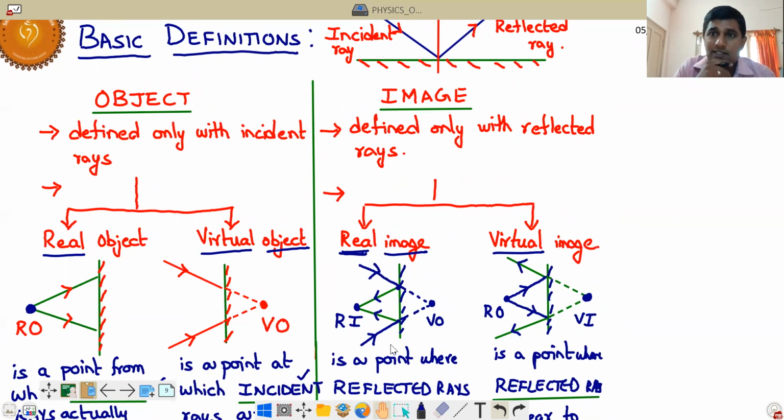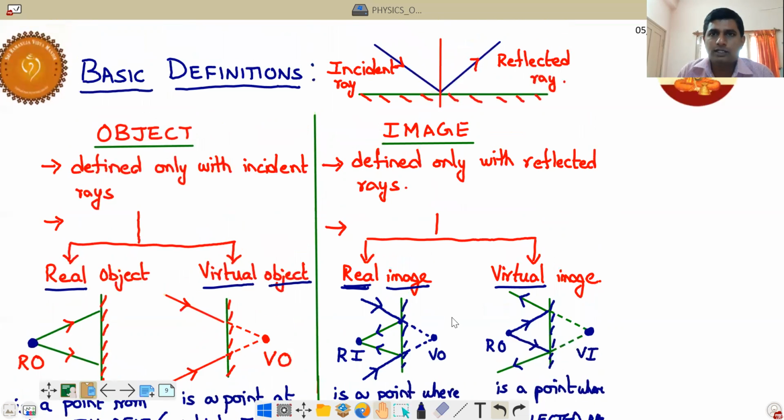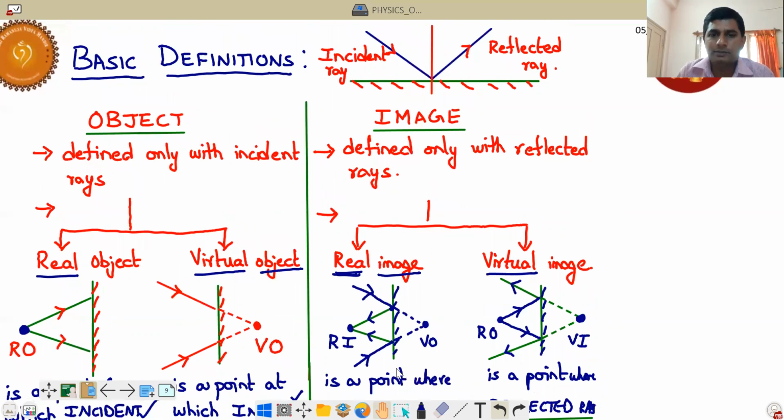You should know specifically the difference between all these terms. Okay, students, before learning these terms, first of all, you should know two things. One is called the incident ray, and one is called the reflected ray. So what is meant by incident ray? For example, suppose we take this as a plane mirror. Now on this mirror, suppose light is incident like this. Then this is called the incident ray, and then the light will get reflected.